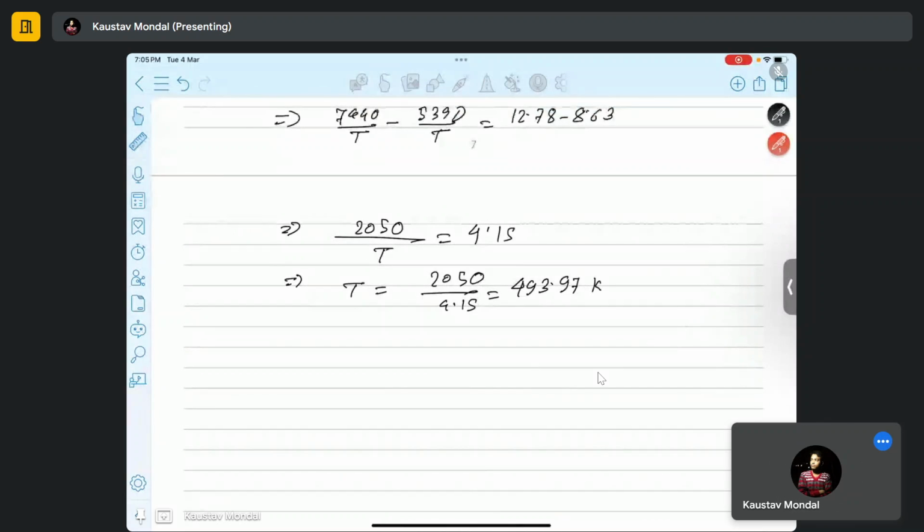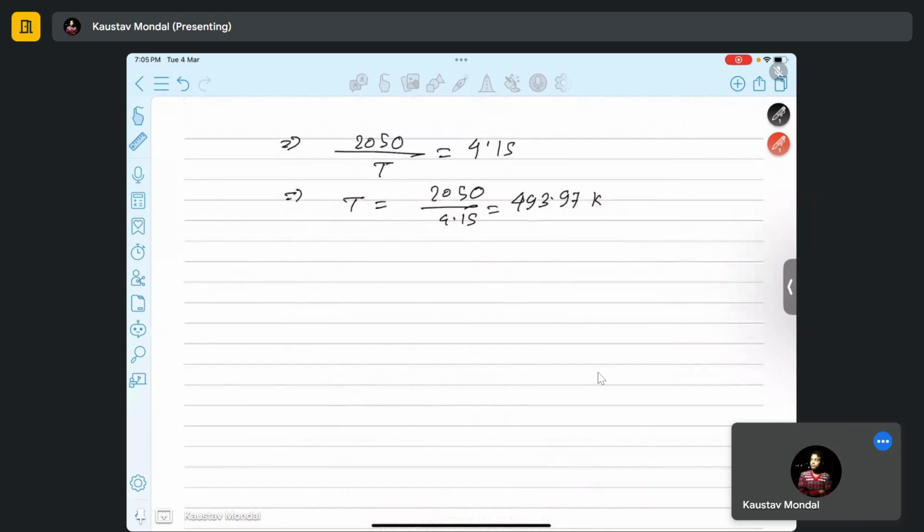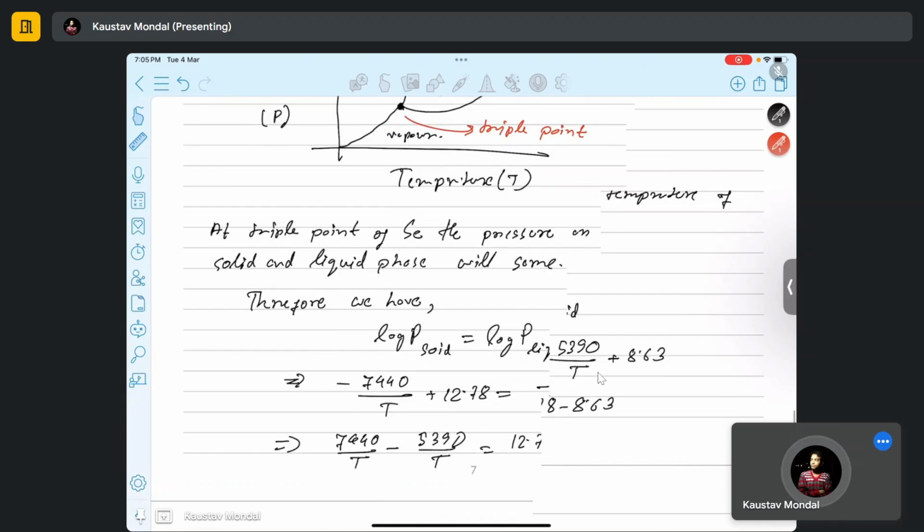Now, in the question it has to be found in degrees centigrade, right? So in degrees centigrade you have to subtract 273, which gives you 220.97 degrees centigrade.